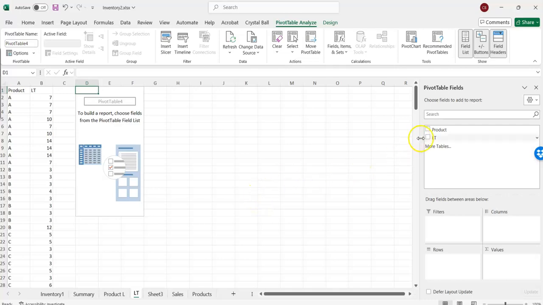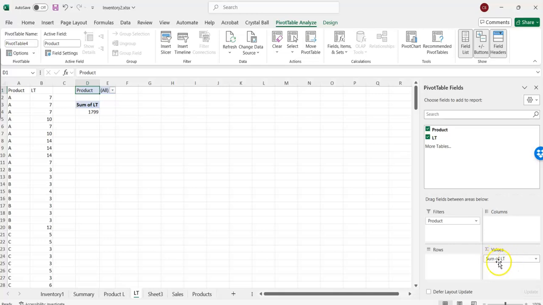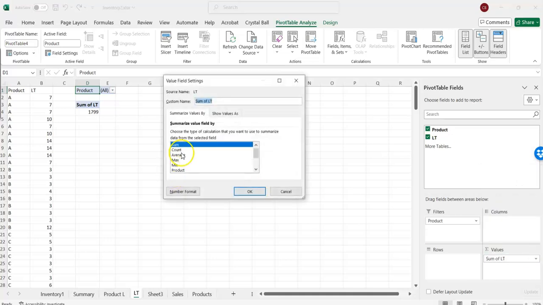All right, and so all we need to do here is filter this on product. And for the values, we'll have the lead time. Then instead of the sum of lead time, what we'd like is the average. So we'll change the value field settings with the down arrow and calculate the average.